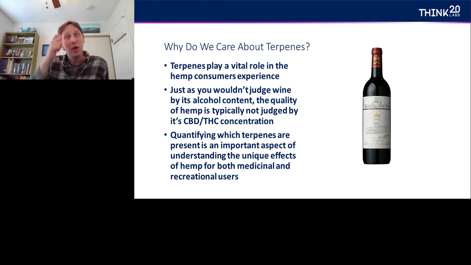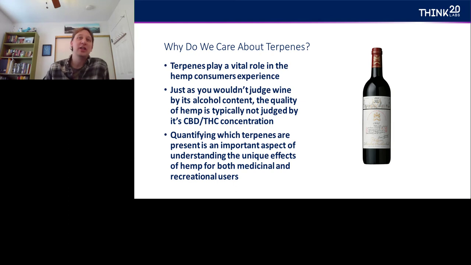Now, why should we care about terpenes? They play a very, very critical role in the consumer experience. On a very interesting note, a lot of the winners from Cannabis Cups have unique and robust terpene profiles.